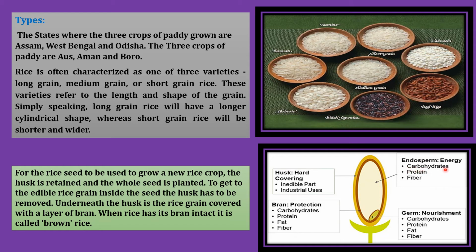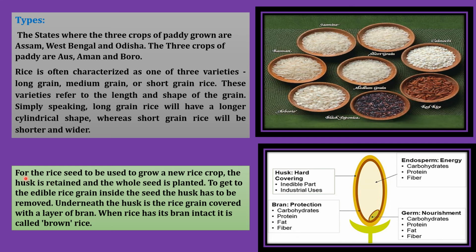It can be used as carbohydrate, protein and fiber. And the last one is germ. You can see this small portion. This actually provides nourishment. So it is also used as carbohydrates, protein, fat and fiber.